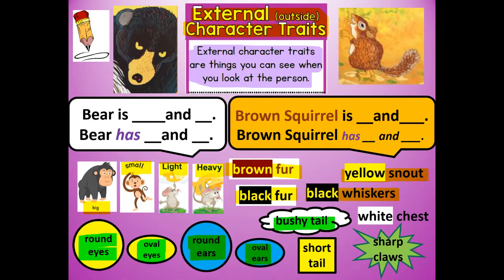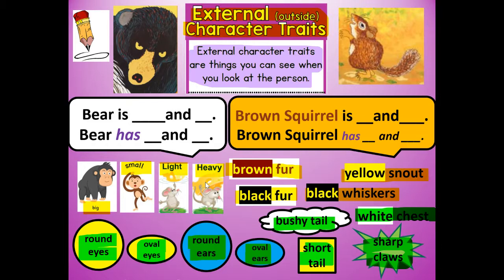Next, we have bushy tail or short tail. Does brown squirrel have a bushy tail or a short tail? Brown squirrel has a bushy tail. And does brown squirrel have a white chest or sharp claws?